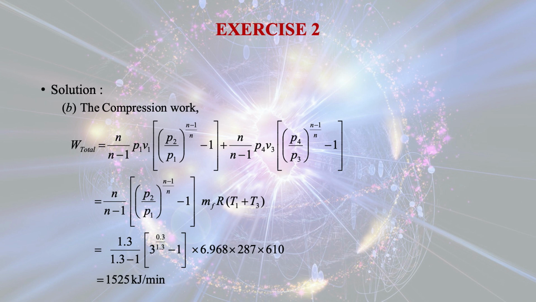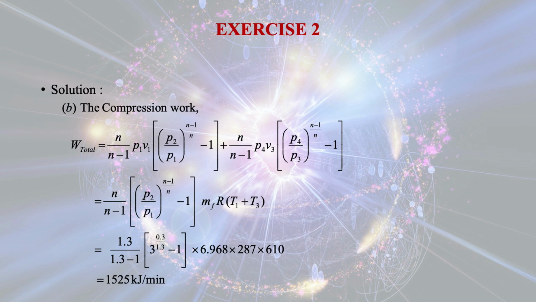So W total is equal to n divided by n minus 1 P1 V1 multiplied by (P2 by P1) to the power (n minus 1) by n minus 1, plus n divided by n minus 1 P3 V3 multiplied by (P4 by P3) to the power (n minus 1) by n minus 1.